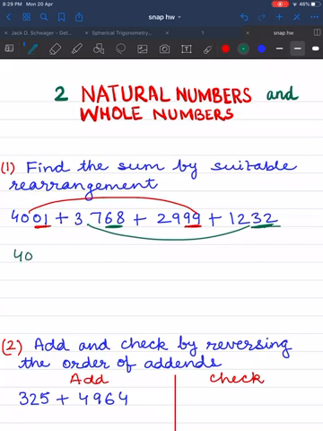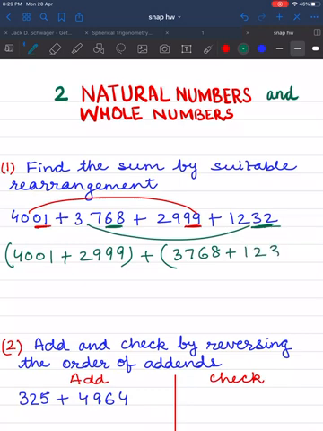So here we have 4001 plus 2999. I write these two numbers in the bracket to show that it is considered as 1 unit. Plus, again I write the two numbers in brackets. So 3768 plus 1232. On solving the first bracket, I get 7000 and on solving the second bracket, I get 5000.